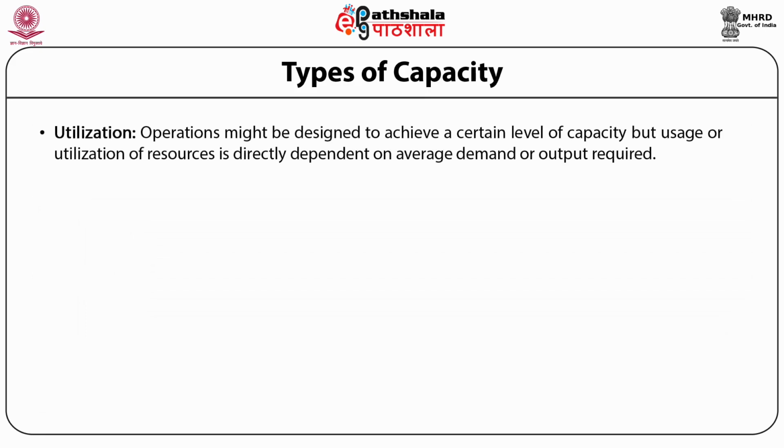Utilization. Operations might be designed to achieve a certain level of capacity, but usage or utilization of resources is directly dependent upon average demand or output required.